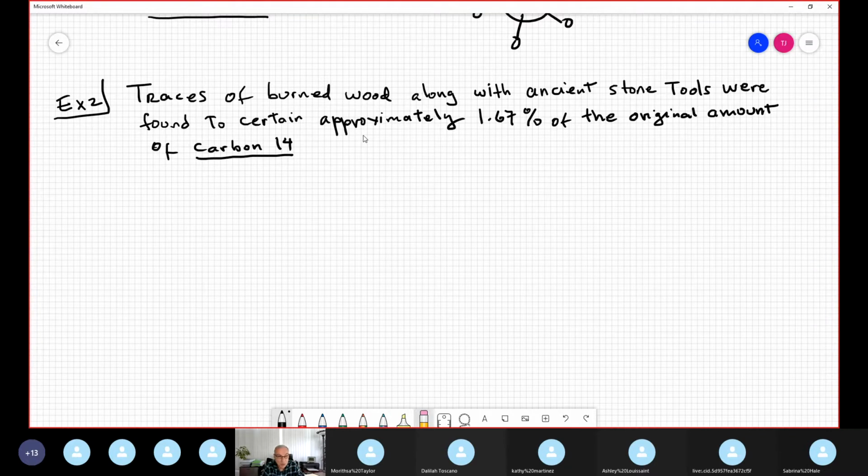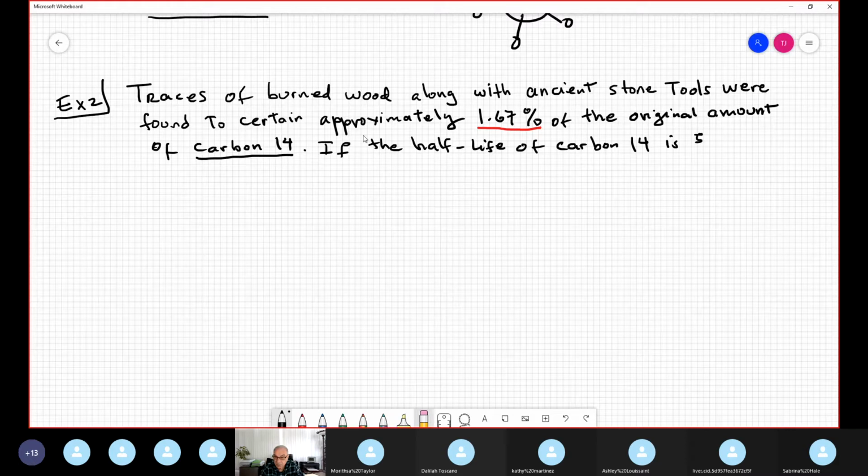At the beginning, I suppose we have 100%. Now, in that moment, we have 1.67. This is a radioactive isotope. If I know the half-life of carbon 14 is 5,600 years, approximately, because it's not an exact answer, but it's approximate.